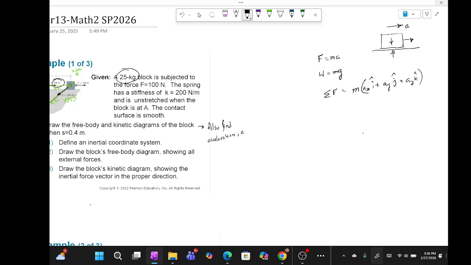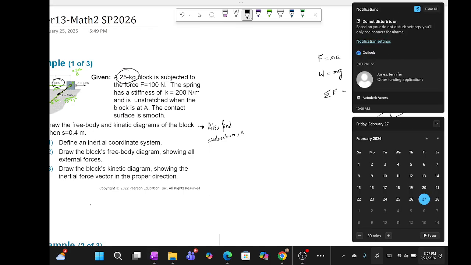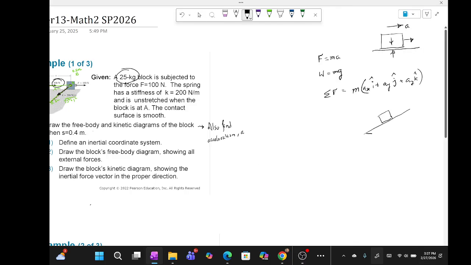In the second class, the block was still moving, but this time on an inclined angle. And not only that, in this example friction was there. It was no longer a smooth surface.